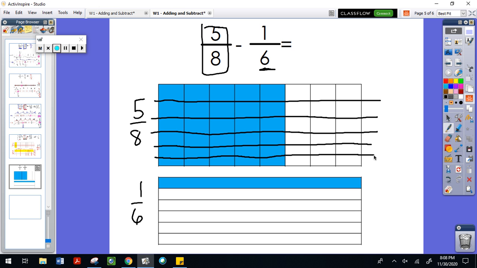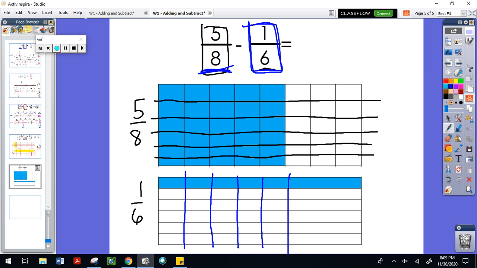And then I'm going to take my other one, which is 1/6, and partition it into 8s. So now I'm going to go down vertically until I have 8 pieces. 1, 2, 3, 4, 5, 6, 7, 8.